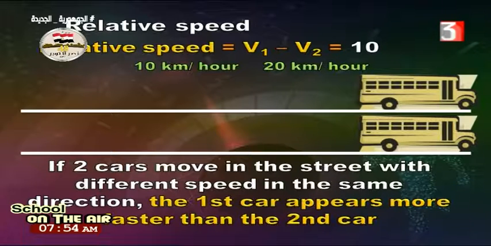The first car's velocity equals 20 km per hour. The second car's speed equals 10 km per hour. So 20 minus 10 equals 10 km per hour, in the same way because they are in the same direction.